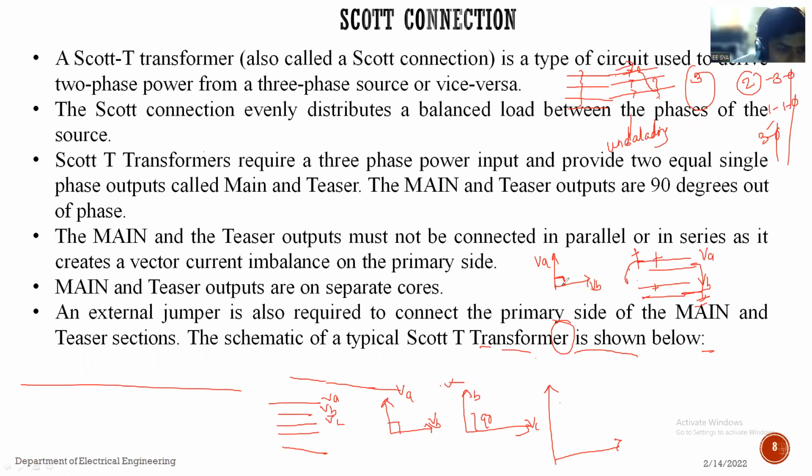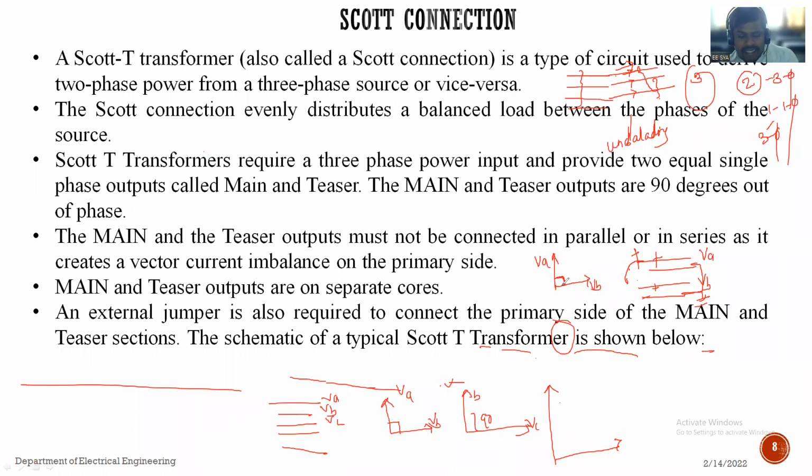Okay, see, the main and teaser outputs must not be connected in parallel or in series, as it creates a vector current imbalance on the primary side. So there is no parallel connection, and no series connection, because it will create a vector current imbalance. Main and teaser outputs are on separate cores. मेनचा आउटपुट and teaserचा आउटपुट हे सेपरेट कोर वरती असतात.